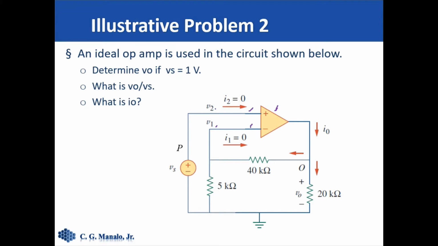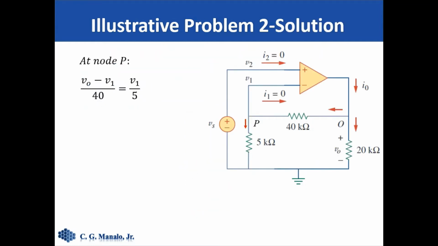So if V sub 1 is equal to V sub 2, and since V sub 2 is tied directly to V sub S, that means V sub 1 must be equal to V sub S. So this must be equal to V sub S. So this is the solution.